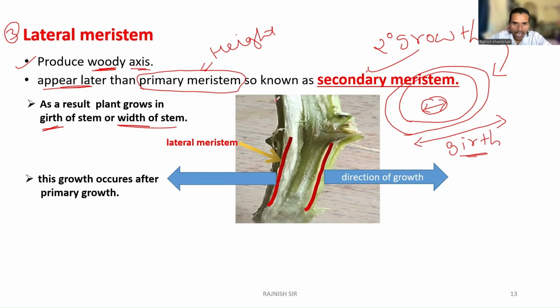This is outer bark. Below the bark, this red color portion, what I'm trying to highlight, that portion is lateral meristem. If I draw that diagram, this is the bark of a plant in red color, and below that, this yellow color is lateral meristem.